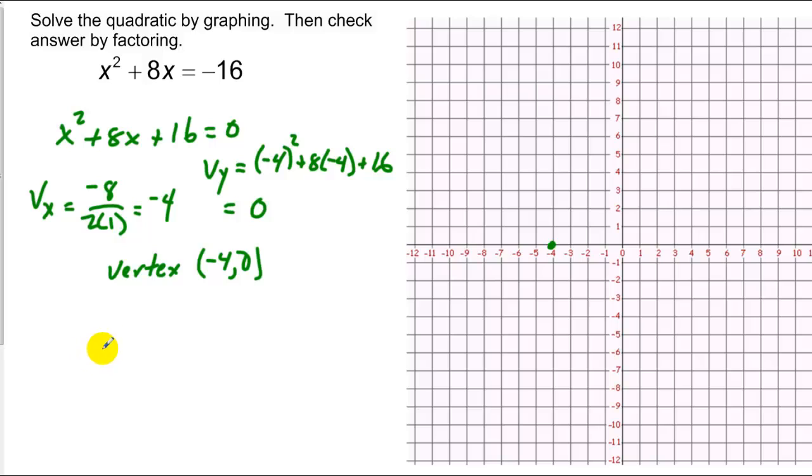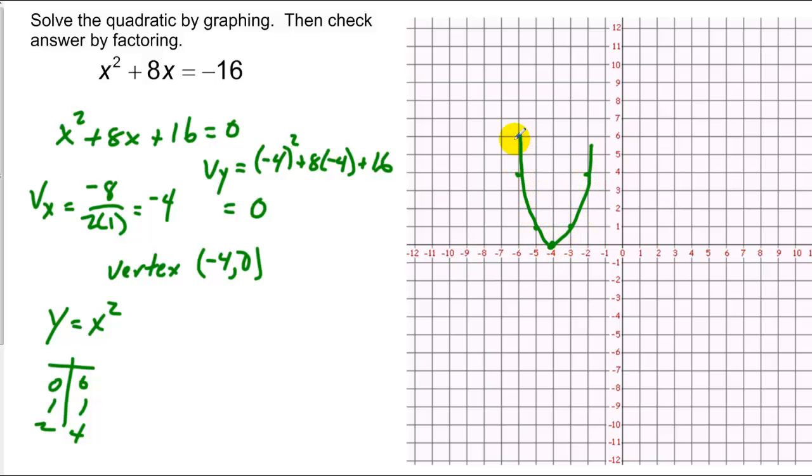And from this, we know we have y equals x squared as our parent function. 0, 0, 1, 1, 2, 4. Over 1, up 1, both directions. Over 2 and up 4. We see that this has only one x-intercept.